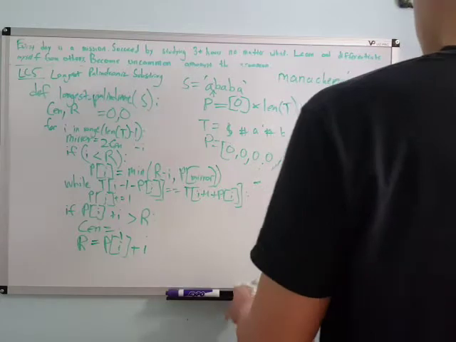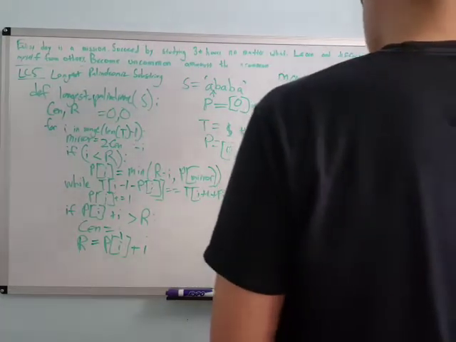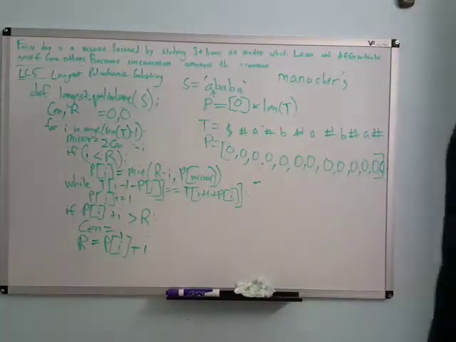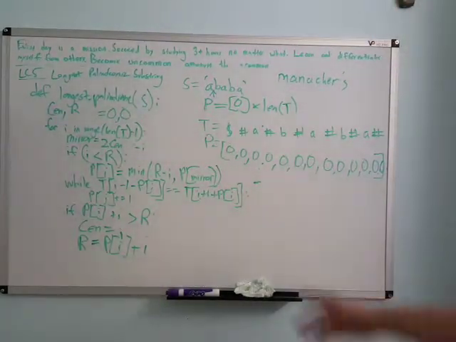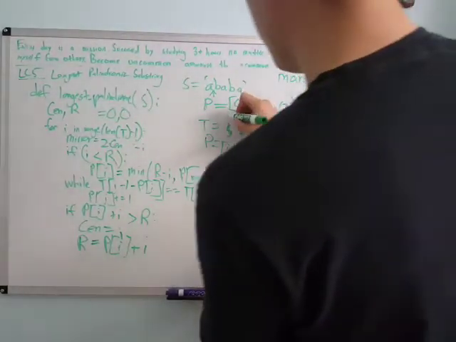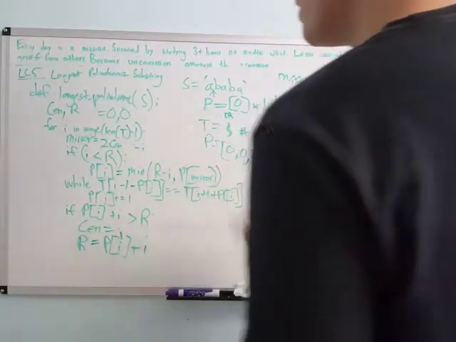And then I'm actually missing the 0 here, but that's okay. So we'll go through it. Center and right are initially here at the $.